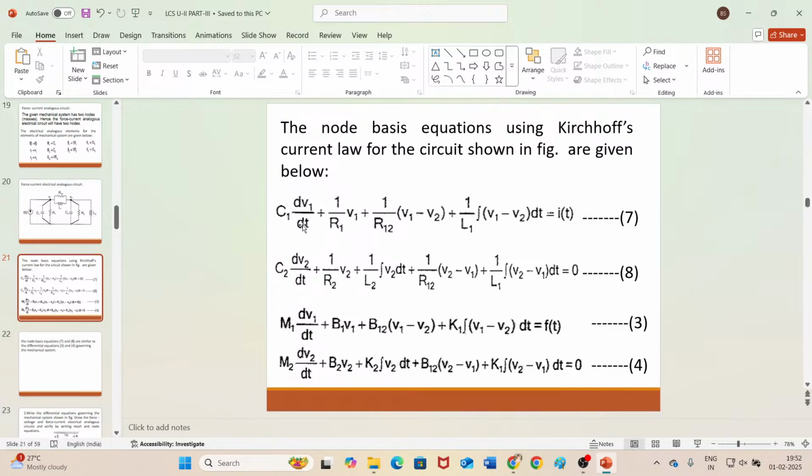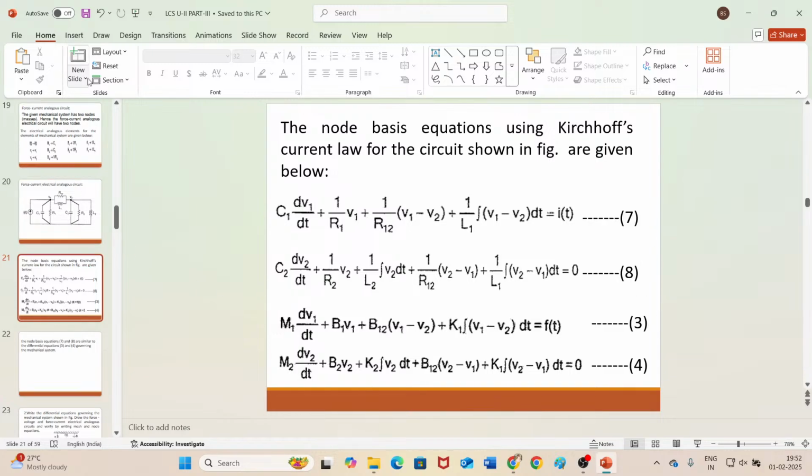You just see C1 dV1 by dt, M1 dV1 by dt, 1 by R1 V1, B1 into V1, 1 by R1 into V1 minus V2, B1 into V1 minus V2, 1 by L1 integral of V1 minus V2 dt, K1 integral of V1 minus V2 dt, I of t, F of t. That is our equation 3. Equation 3 is same as equation 7.